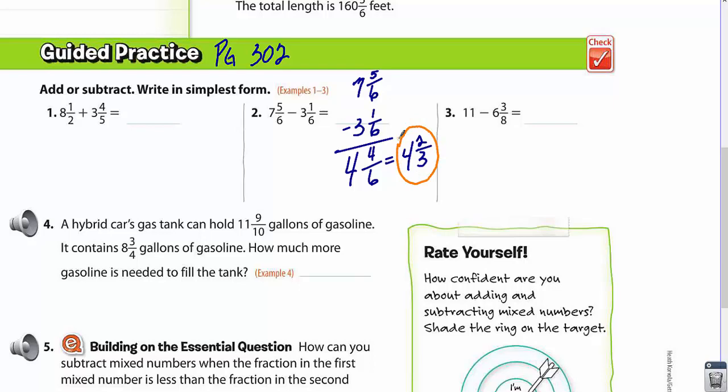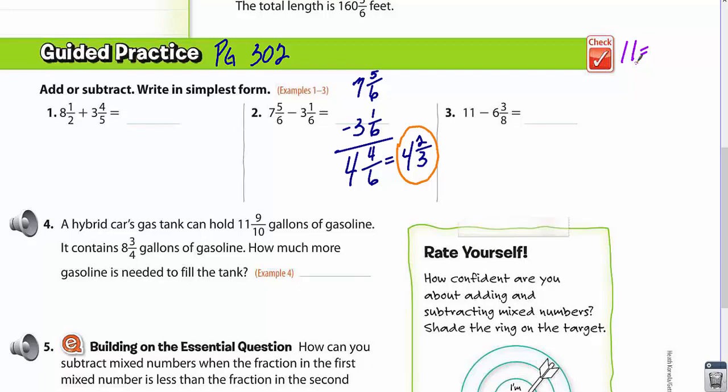All right, now, number 3. This is the one that's actually going to cause us to have to rename. So we have 11, and we're taking away 6 3/8. But you can see there are no eighths in this 11. So we're going to do this up here. Take that 11 and rewrite it. Think about how you need to rewrite it so there are eighths to take away.